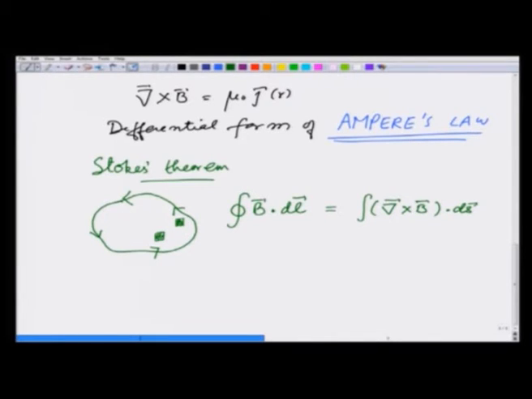If I turn my fingers towards dl, then the thumb gives me the area element direction.